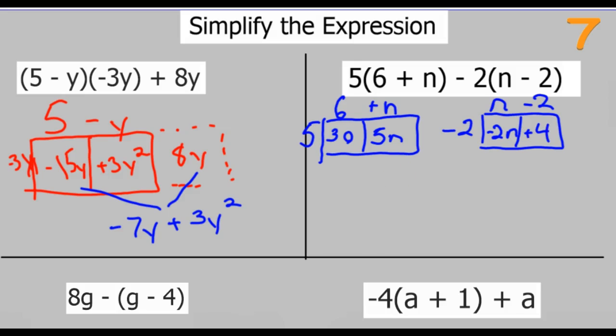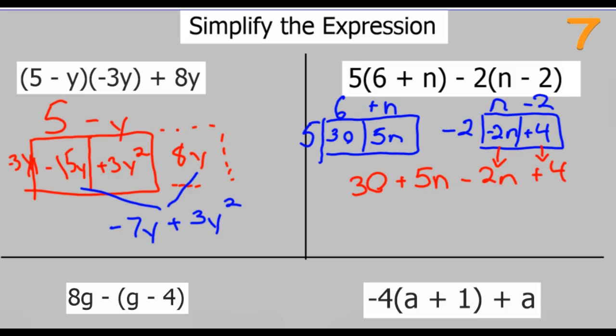So our new expression looks like this. 30 plus 5n, because it's positive, minus 2n comes from here, plus 4 that comes from here.